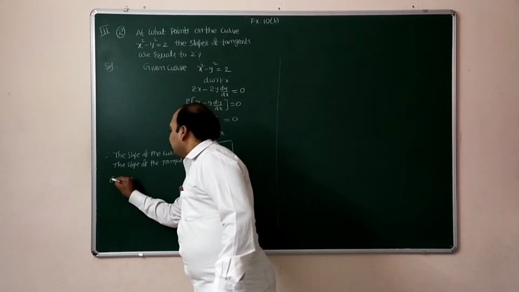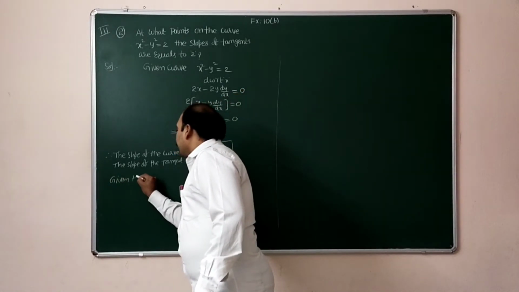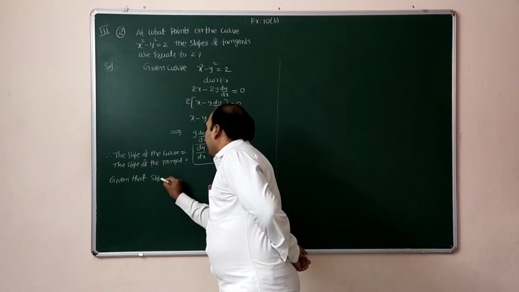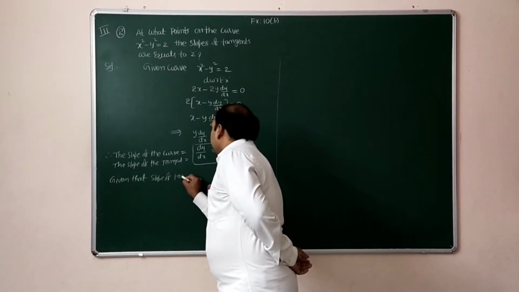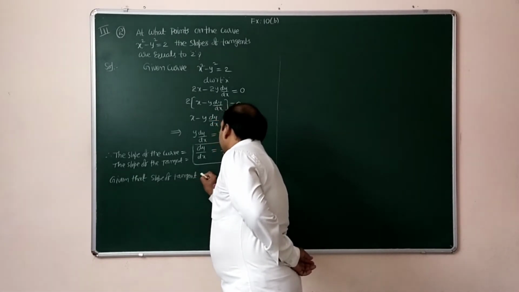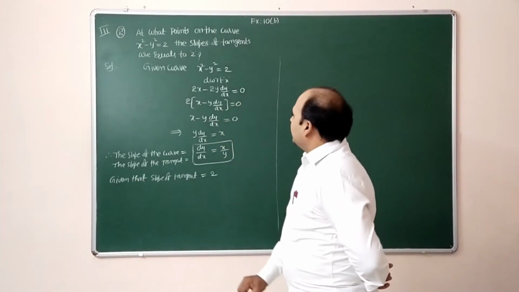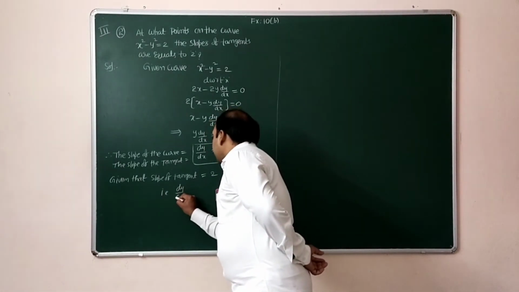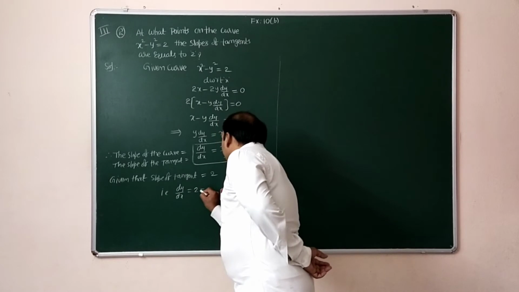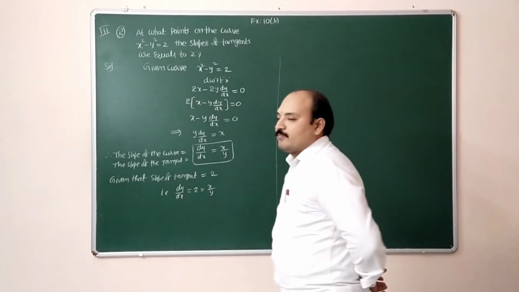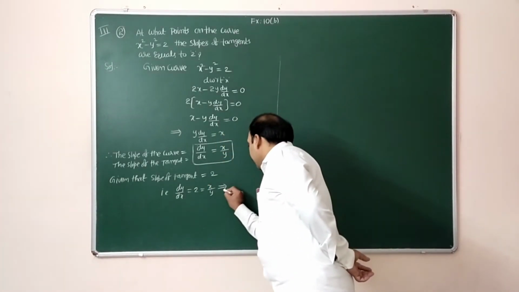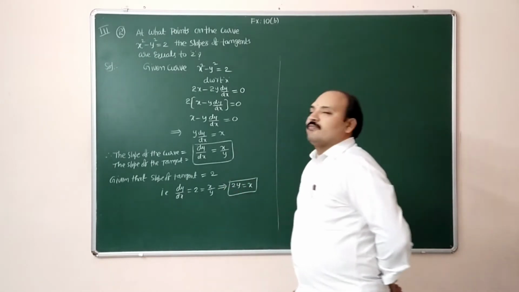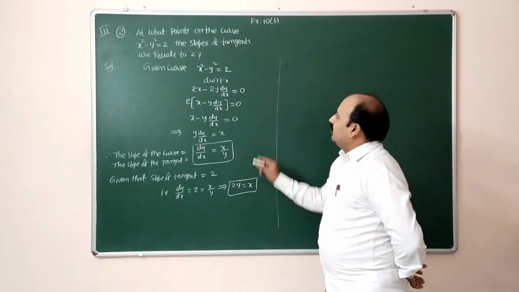Given that the slope of tangents is equal to 2, that is dy by dx is equal to 2, which is equal to x by y. So from this relation, x is equal to 2y.